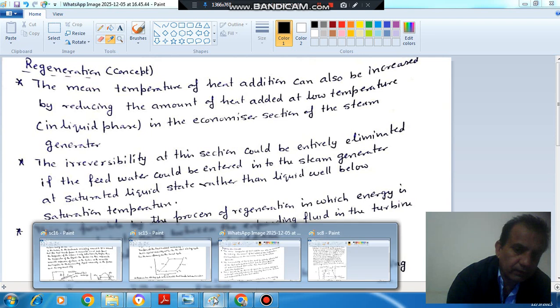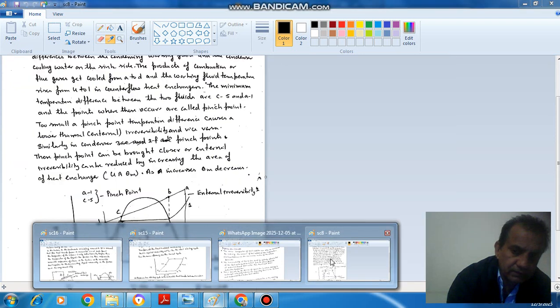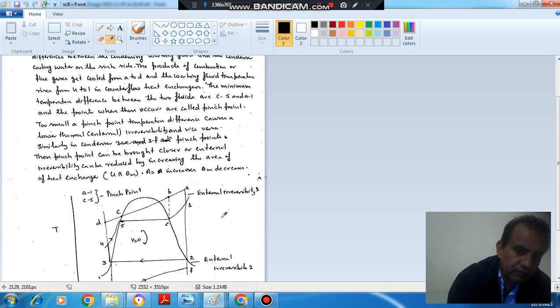Here we first analyze the external irreversibility in the Rankine cycle. This is your water, and this water is in the economizer and it is heated by this gas, and the temperature difference here is very large, which is causing irreversibility.